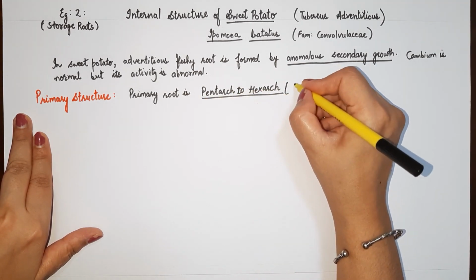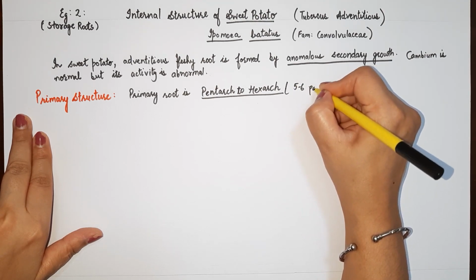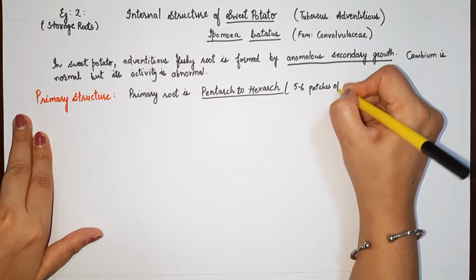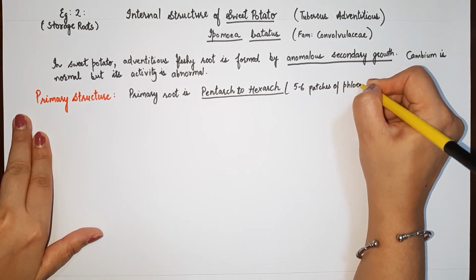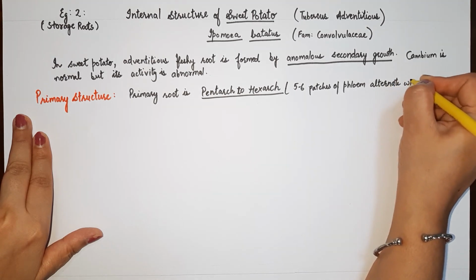It means 5 to 6 patches of phloem alternate with xylem.